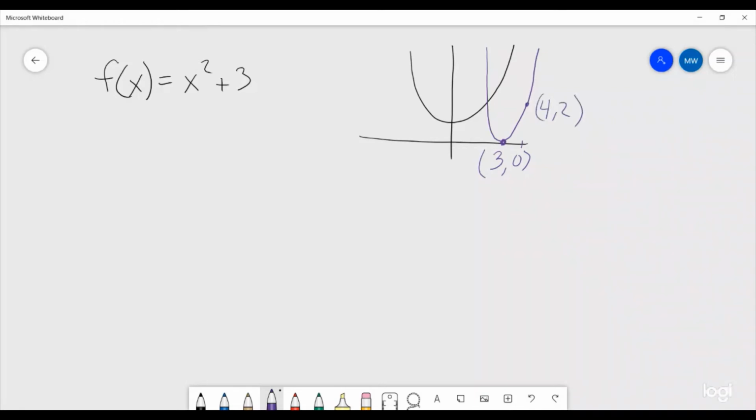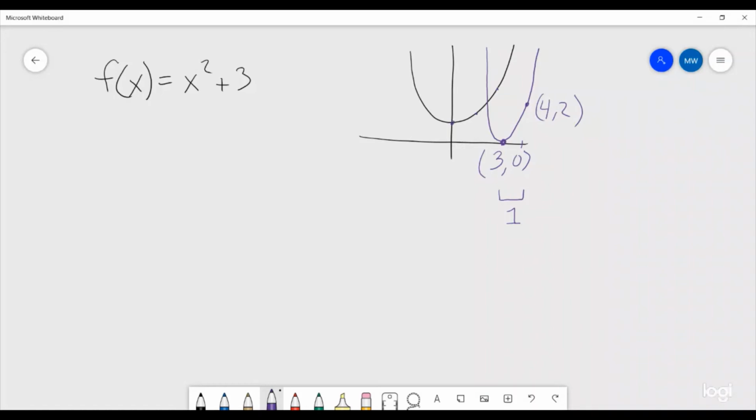So what this is going to do is both move it and compress or stretch the function, depending on which way you're thinking about it. And so we can ask, how are we transforming this function? Here, this is a distance of 1. And if we looked at the same distance of 1 on our original parabola, it would only go up 1 from the vertex.